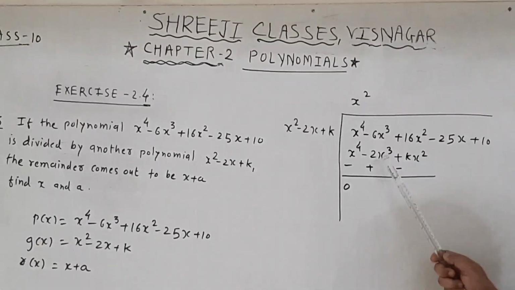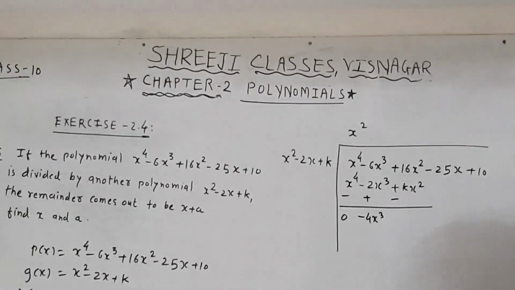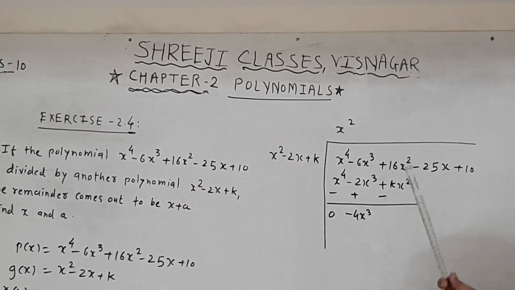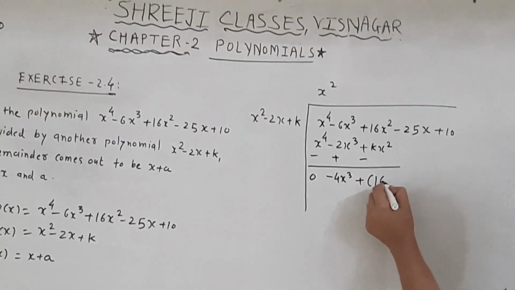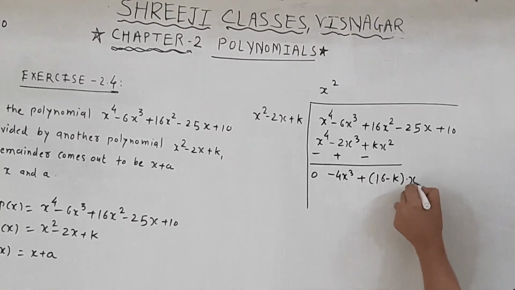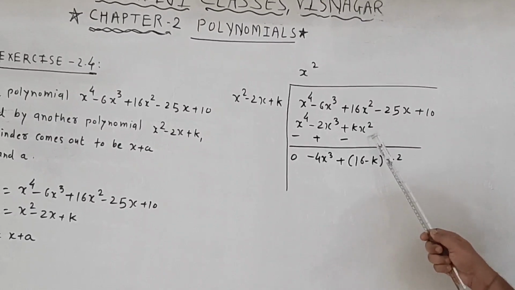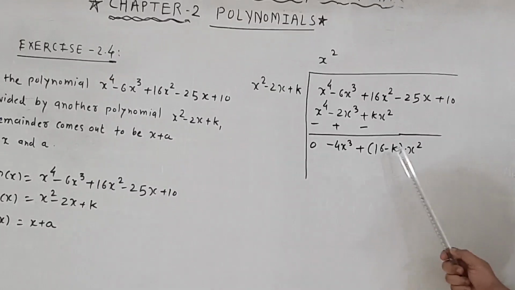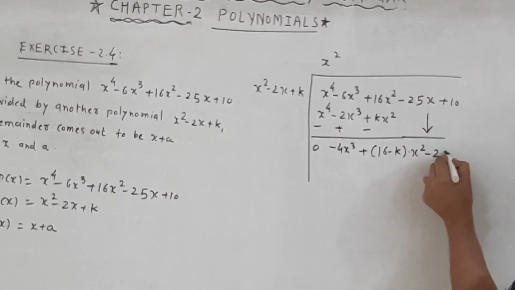Minus 6x cube plus 2x cube, that means minus 4x cube. Here 16x square and that term is minus kx square. x square is a common factor. Therefore the remaining term is 16 minus k into bracket x square. Here x square is common, into bracket 16 minus k, and minus 25x as it is.